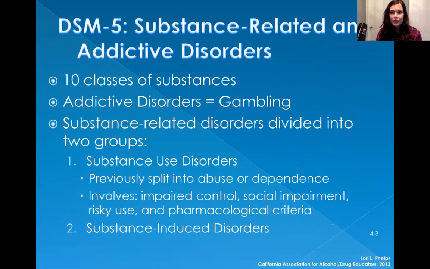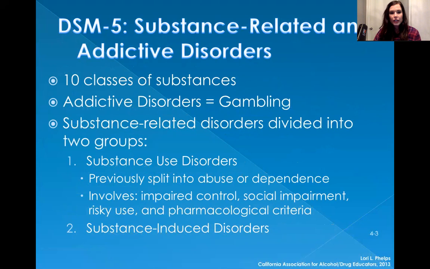There are 10 classes of substances listed in the DSM-5, and there's also addictive disorders. Gambling is listed as well. Substance-related disorders are divided into two groups. So substance use disorders, which was previously split into abuse or dependence.